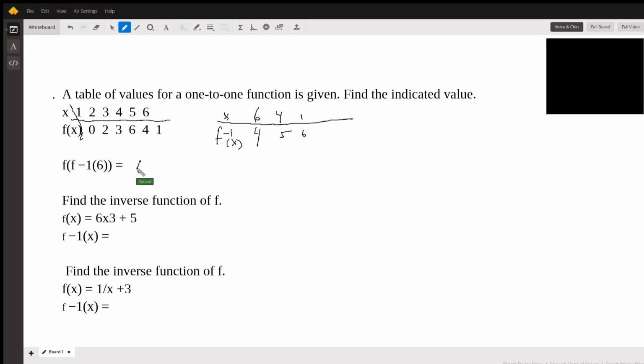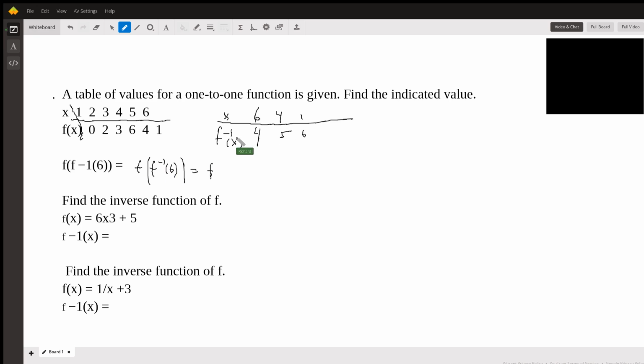This is going to be f of f inverse of 6. And this is a composite function. So we just carry the outer function, which is just f, and evaluate f inverse of 6.